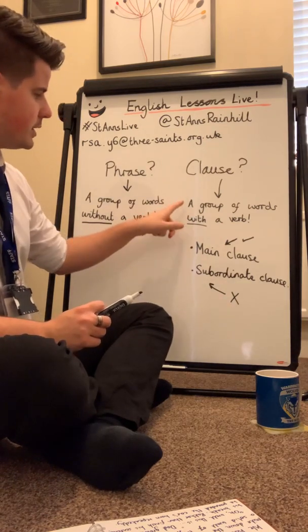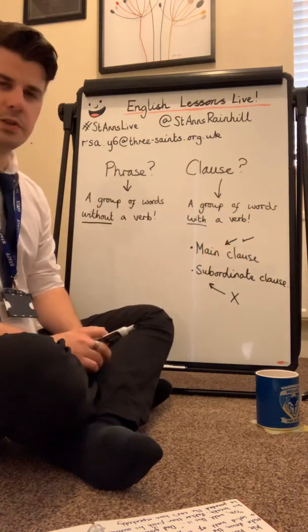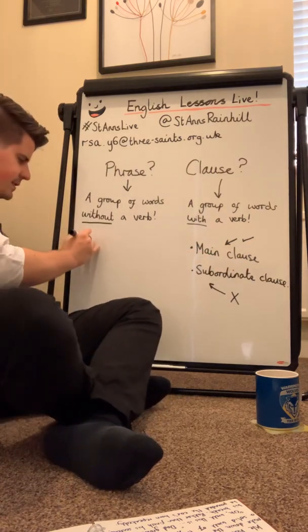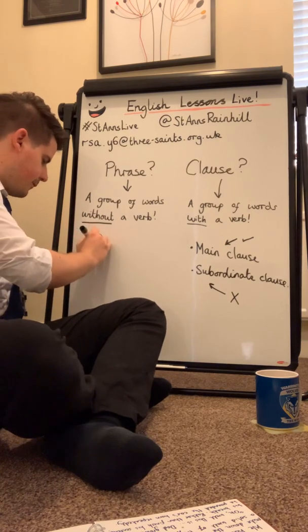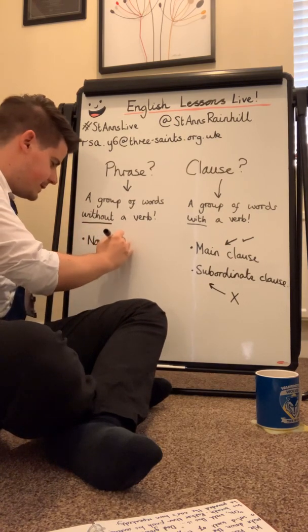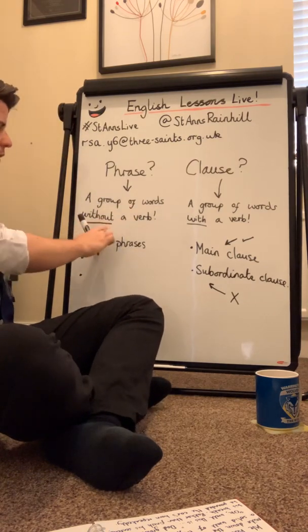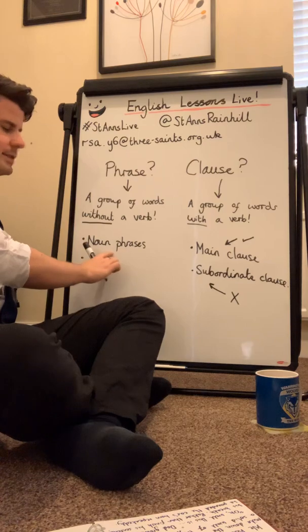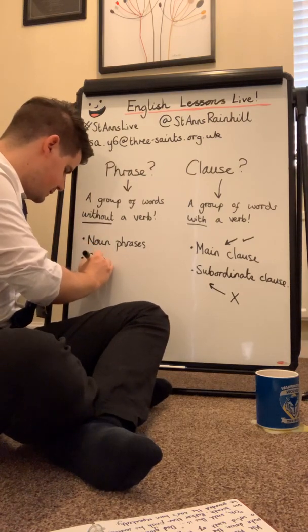If it's a group of words with a verb and it does make sense on its own, it's a main clause. And then we're looking at phrases. There are three key phrases that we need to be looking at. We're looking at noun phrases or expanded noun phrases, when it's a group of words without a verb that adds detail to the noun. We can have prepositional phrases.